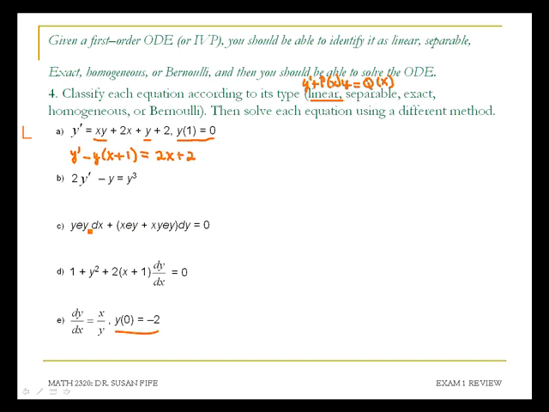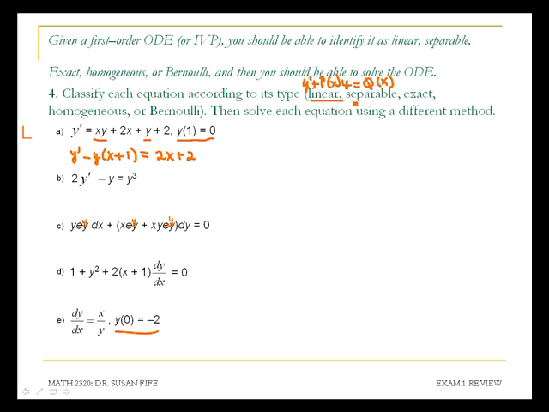On this third term, each one of these y's should be e to the y, and e to the y would make it not linear. Also, y squared is not linear. On this last term, because I have y in the denominator, that's also not linear. So the only equation that's linear is A.